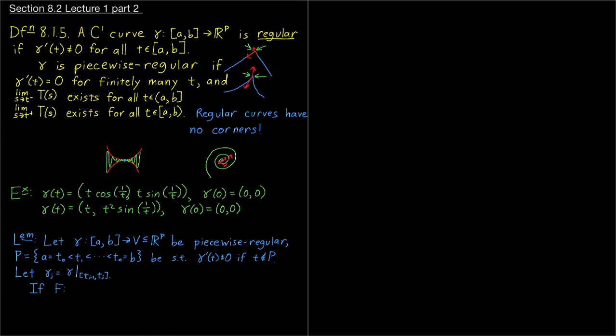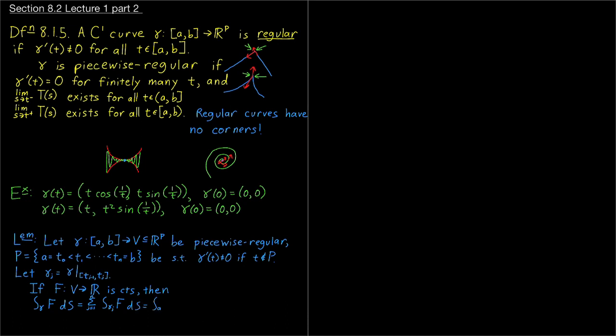If f is a continuous function defined near the image of gamma, then the integral of f over gamma, which remember we can define just in terms of the arc length parameterization, and it doesn't depend on your choice of parameterization, turns out to be the sum of the integrals over the gamma_j's, the pieces.